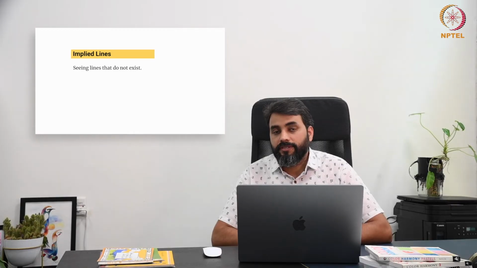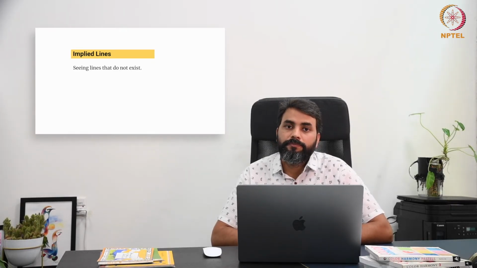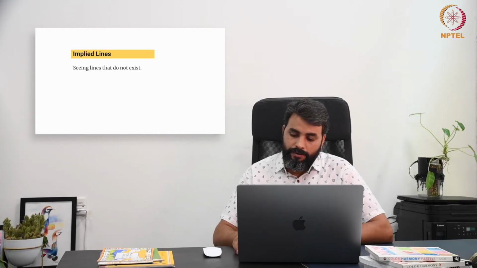They can suggest connection, progression, or movement without being explicit. For example, in this arrangement, do you notice 3 vertical lines? So 2 on both corners and 1 in the center. This is happening because of the arrangement of elements and it is purely suggestive, right?